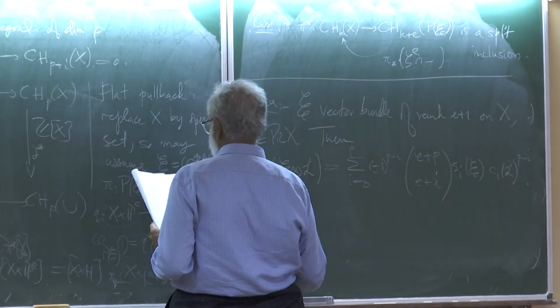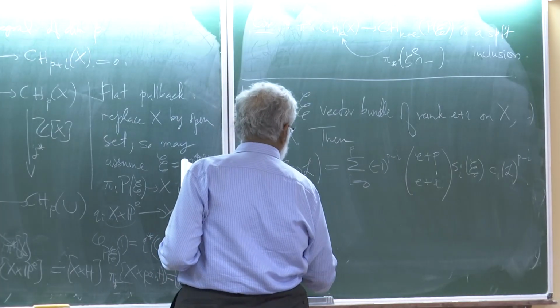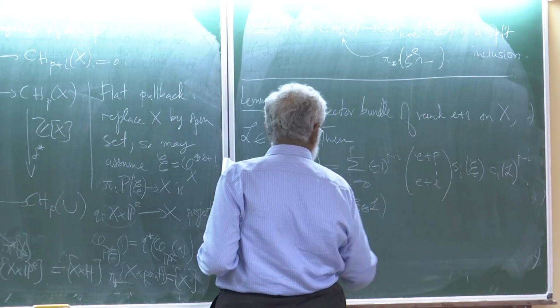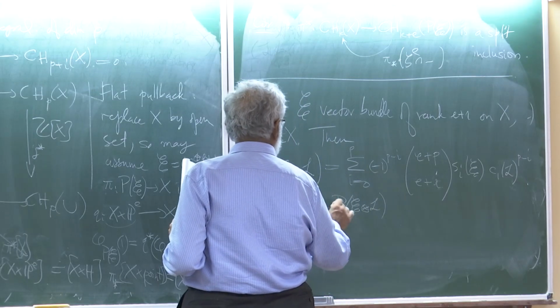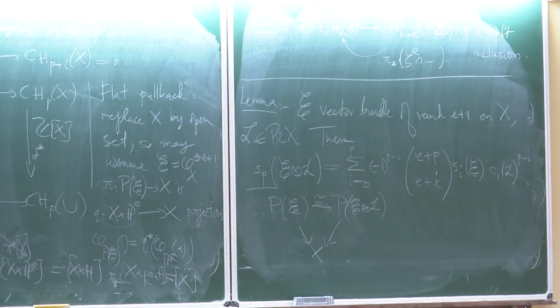So the point is that you take the projective bundle of E, or the projective bundle of E tensor L. These are canonically isomorphic, but the line bundles O(1) are not exactly the same. There's a change.